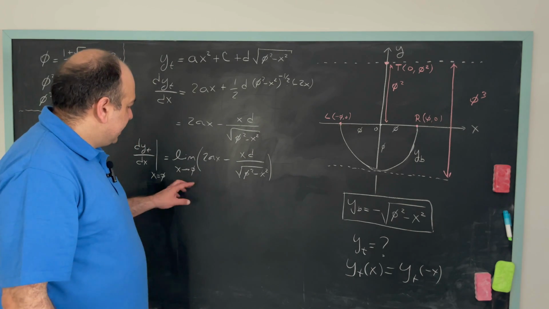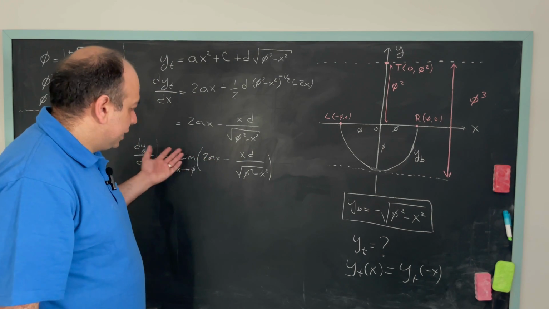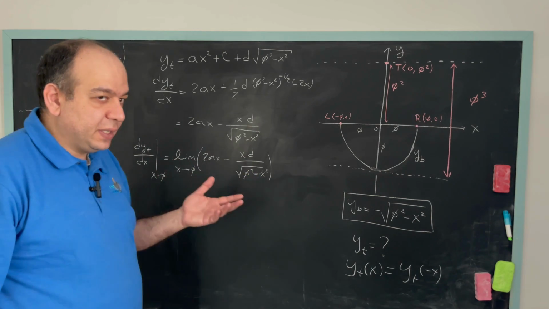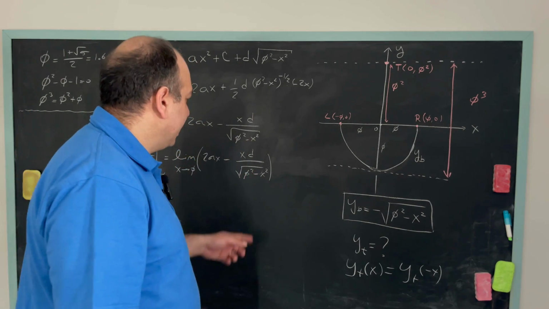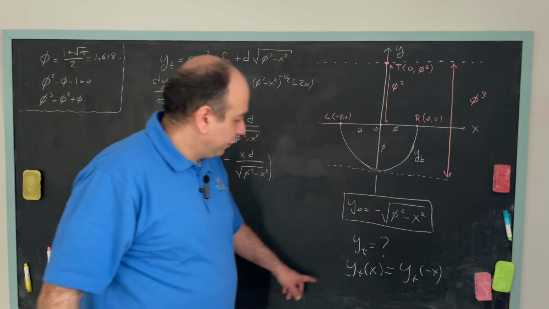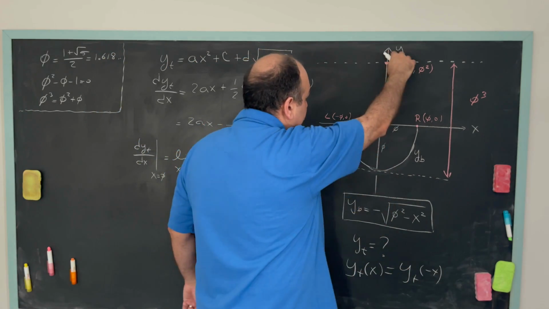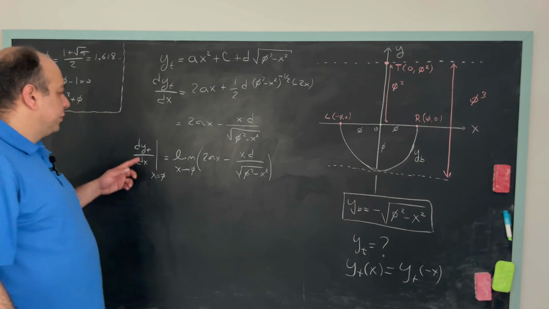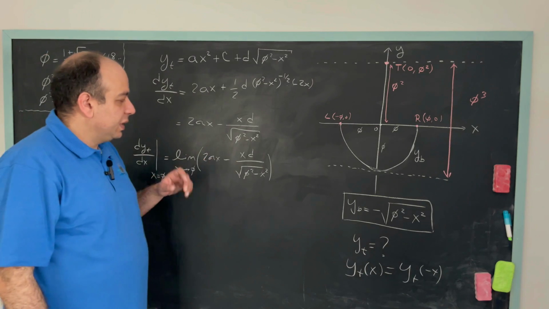So here what I see is this term just goes to 2a times phi. However, this term goes to infinity or minus infinity depending on the value of d. Since I'll be looking for a function which will be decreasing here, I would expect the slope to be negative. In other words, the derivative would be negative.